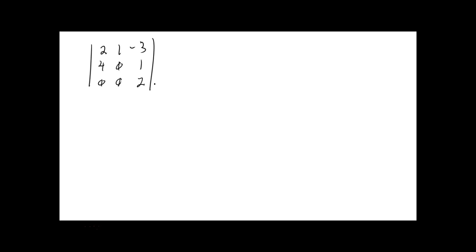Pick the row or column with the most zeros. That's either the second row or the second column or the third row. I go with the second column because it's simpler, or 1 there rather than 2 here.